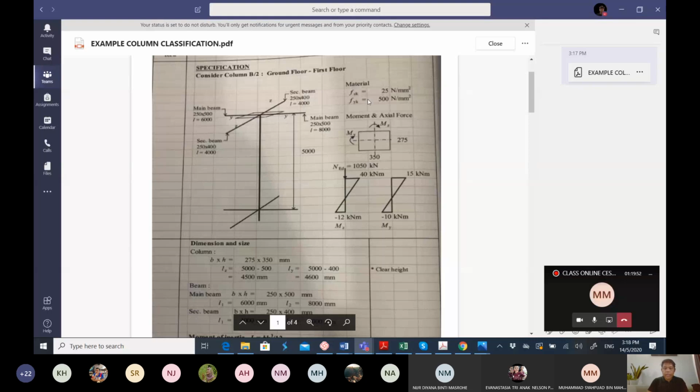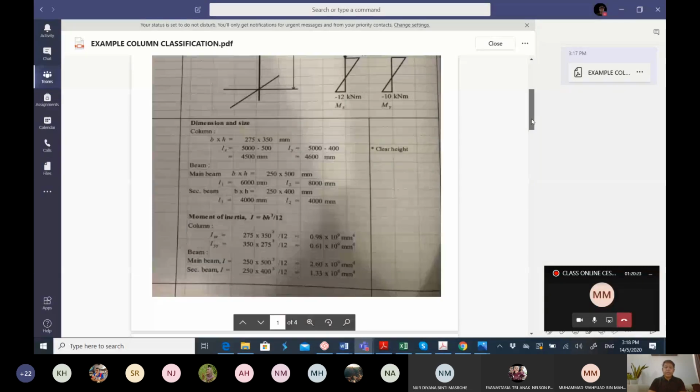Here we are given the FCK and also FYK, and we know that this column is a biaxial column because it is connected with two beams in two directions. The given moments have been analyzed before. Here are the values of the moment: here is M01, here is your M02, here is your axial load NED.